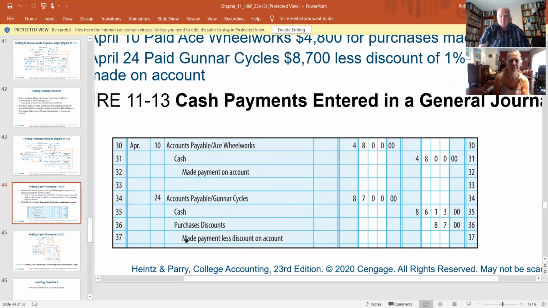The other one, we owed Gunnar $8,700. So now we get to debit accounts payable 8,700. But there's a 1% discount we were able to take, so we were able to settle that debt for just $8,613. Make sense? Yeah.